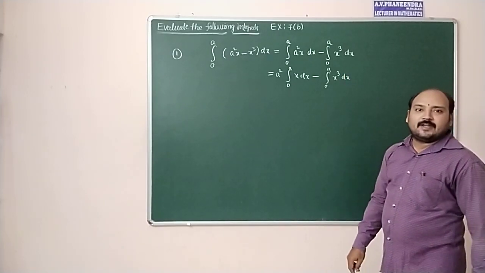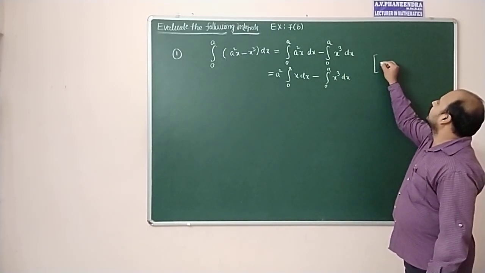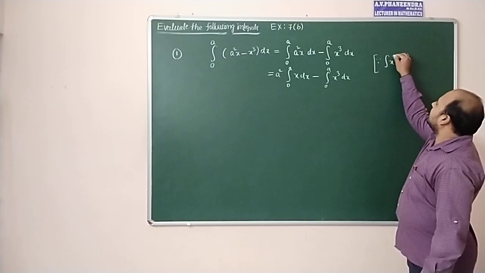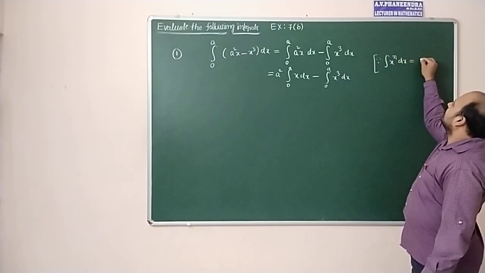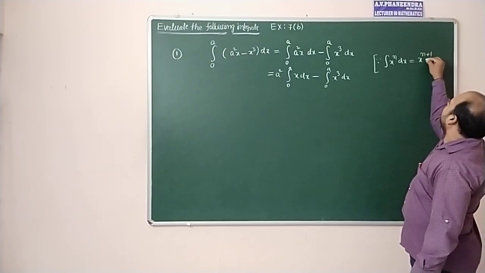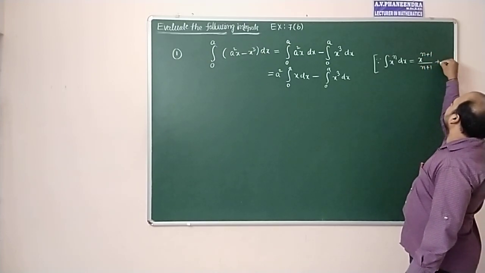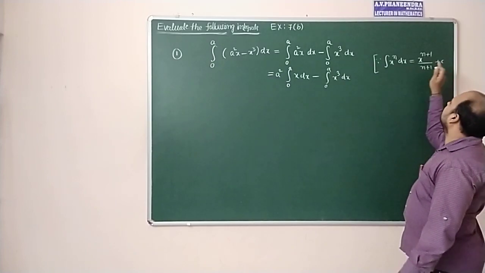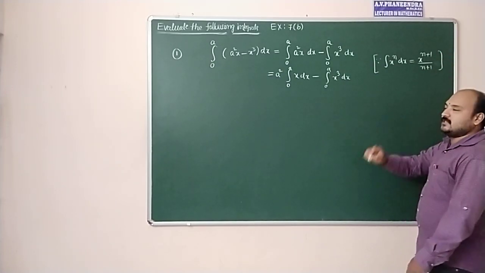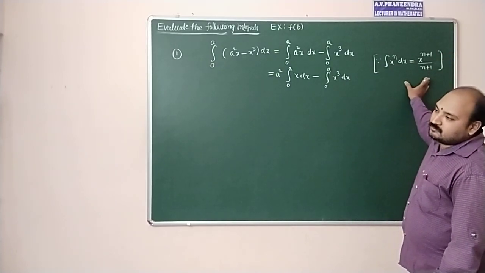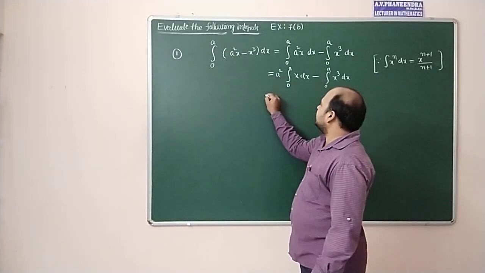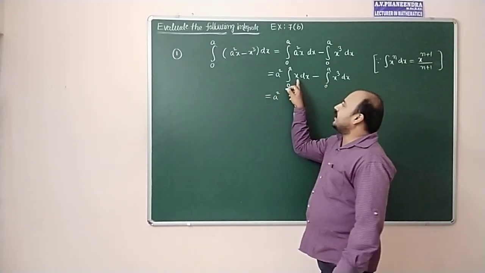We know the formula, integral x power n is x power n plus 1 by n plus 1 plus c. Every time I cannot write it, so starting now I am writing it like this. But here it is a definite integral, so it won't come as plus c. Which is equal to a square integral x dx.